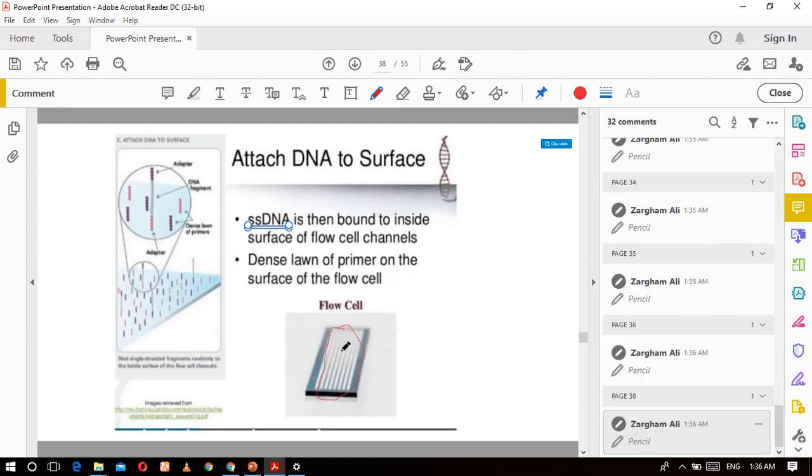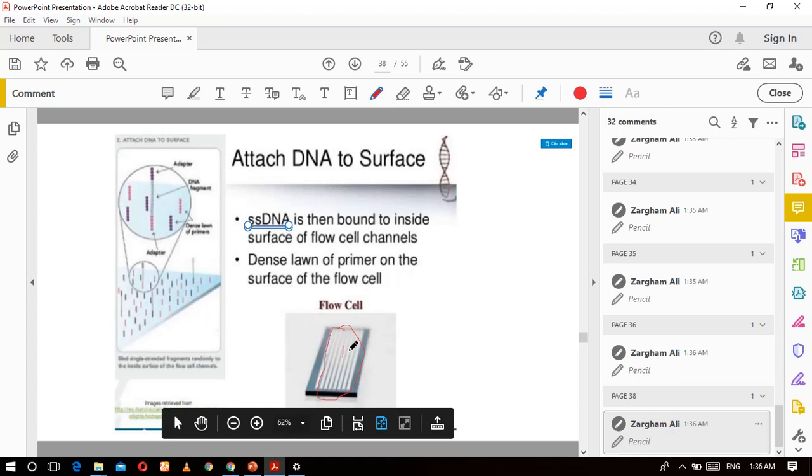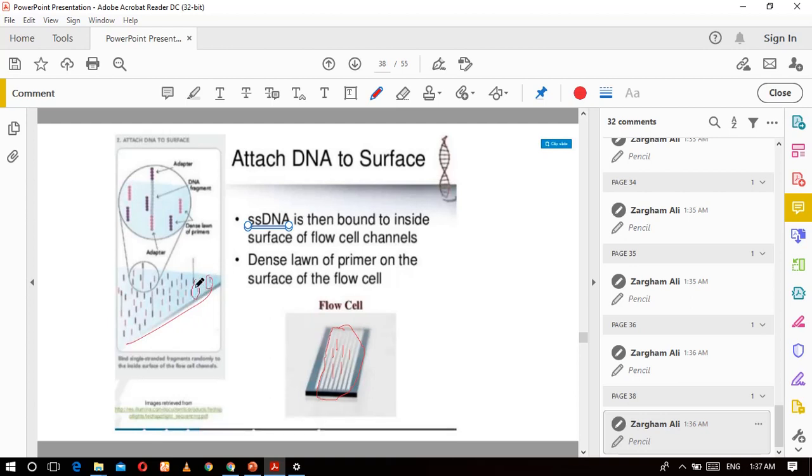This flow cell contains a large number of primers all over its surface. As you can see, this is the flow cell and it contains these tiny primers.